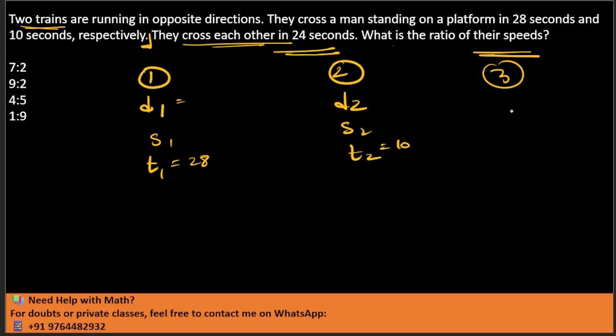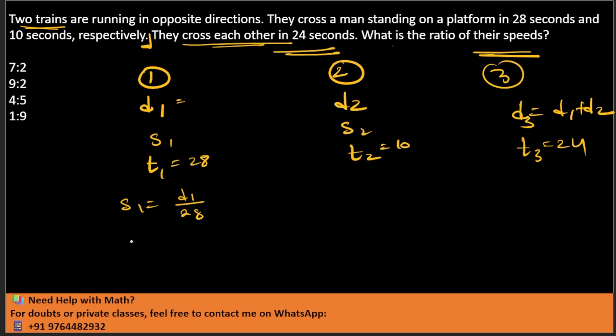So when they are crossing each other, the distance traveled will be d is equal to d1 plus d2, and we need to find the ratio of the speeds. The combined time given is t3 is equal to 24, and d3 is equal to d1 plus d2. Now I can simply apply the formula: s1 is equal to d1 upon t1, that means d1 upon 28.